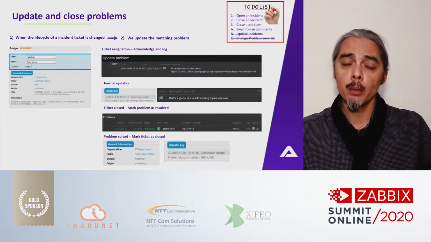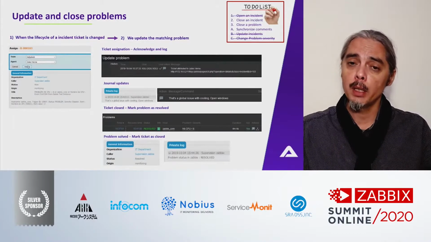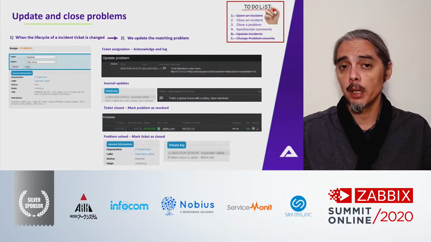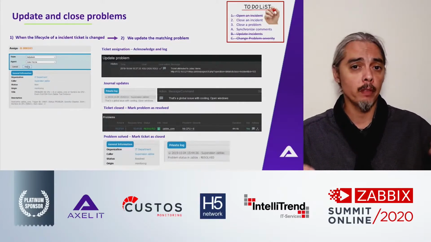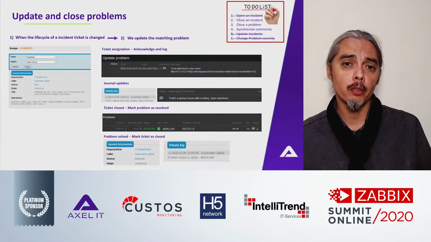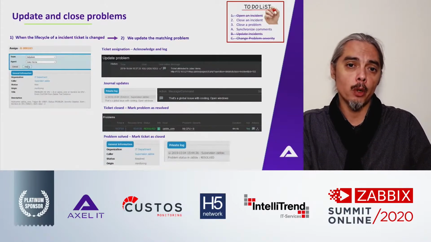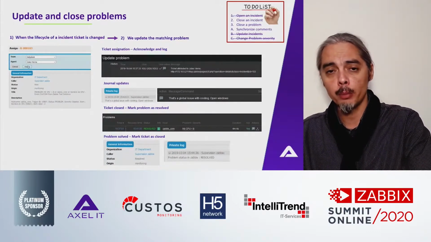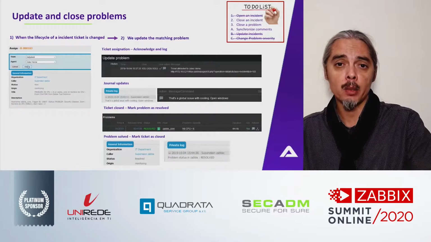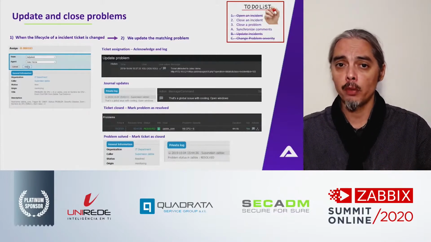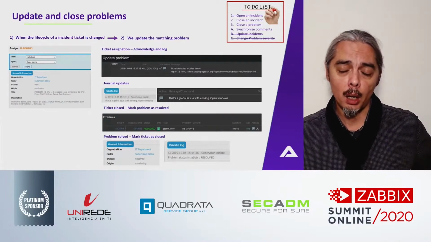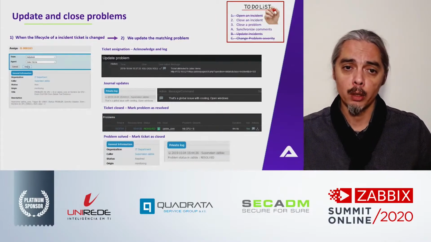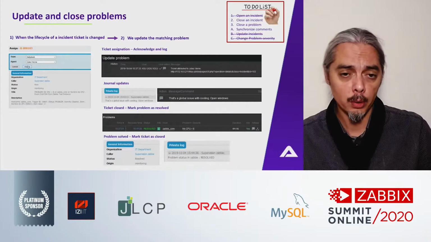And also every time a journal entry is logged within the incident ticket, we want to have that information back in Zabbix so that we have the same level of information. Either I'm using the monitoring system or the ITSM tool, I won't have different information in each of the systems, so I don't have to navigate between them to find the correct information. That's very, very important.